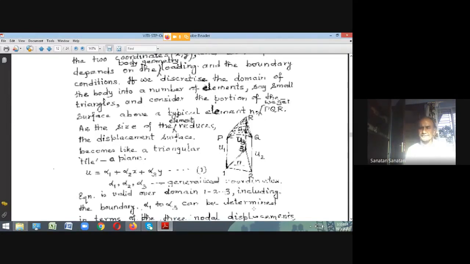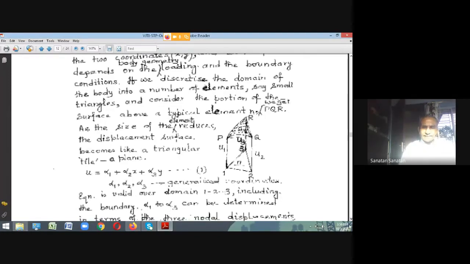At 1, 2, 3, the elevation of the surface is u1, u2, u3. So by substitution, u1 is equal to alpha 1 plus alpha 2 x1 plus alpha 3 y1, u2 is equal to alpha 1 plus alpha 2 x2 plus alpha 3 y2, u3 is equal to alpha 1 plus alpha 2 x3 plus alpha 3 y3.